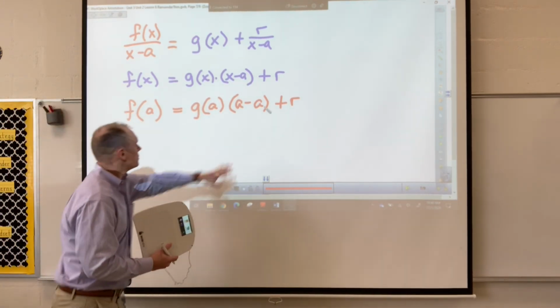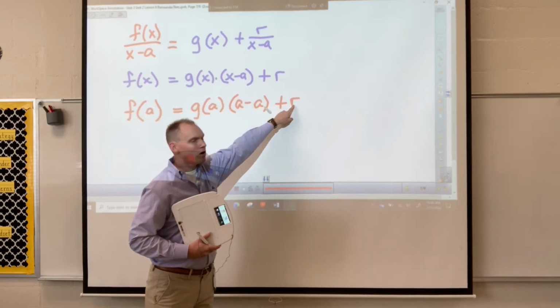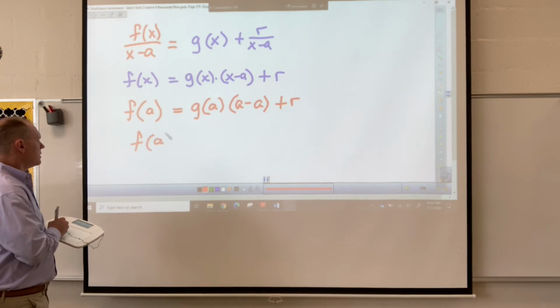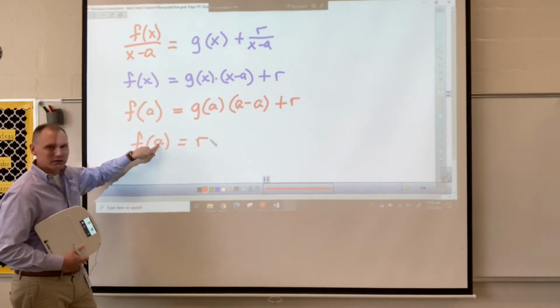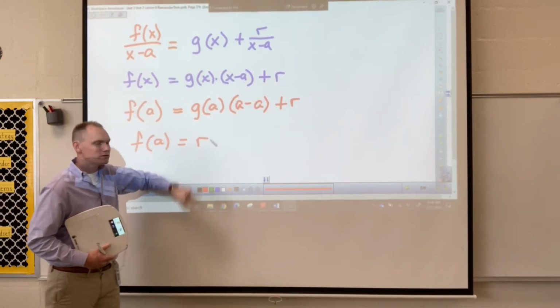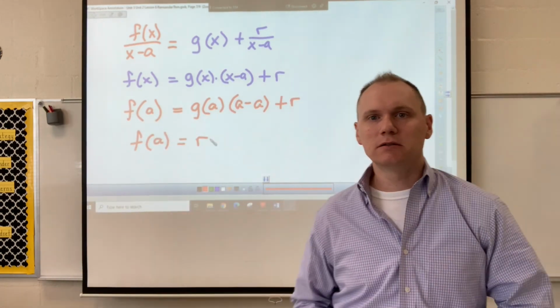So 0 times g of a is still 0, leaving us with just r on the right side. So that shows us that f of a equals r. When I put the 0 of the divisor into the dividend, it's equivalent to the remainder. So that shows why that is the case.